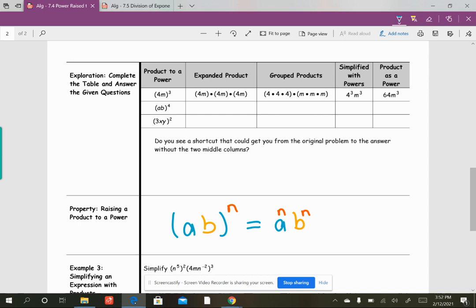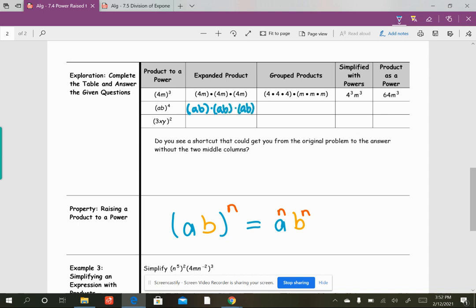So then we get 4 cubed times m cubed, and we simplify the 4 cubed, which gives us 64, leave m cubed as it is, and that's our answer.